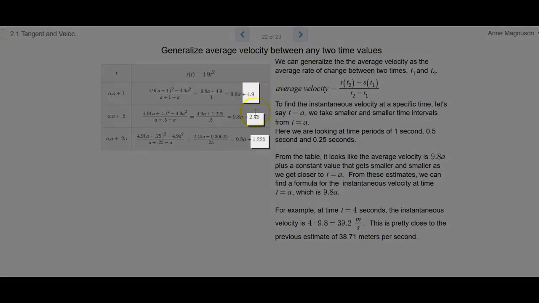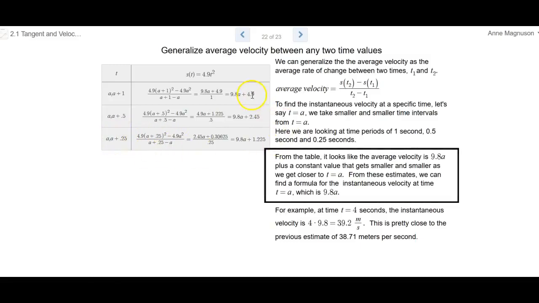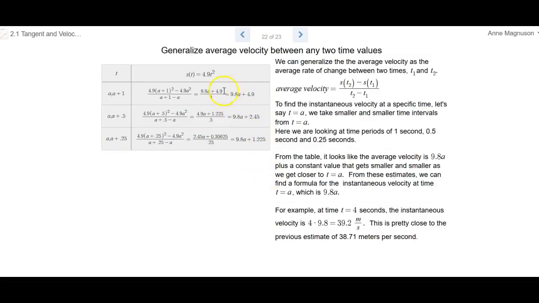Notice the thing being added to 9.8a is getting smaller and smaller, but 9.8a shows up in each computation. So it's safe to say that the closer we get to a, these remainders are going to be approaching 0, and the formula for the instantaneous velocity is simply 9.8a. We'll see in the next couple of sections how to generalize this even further.